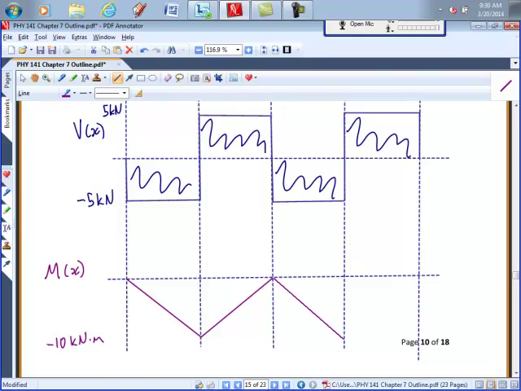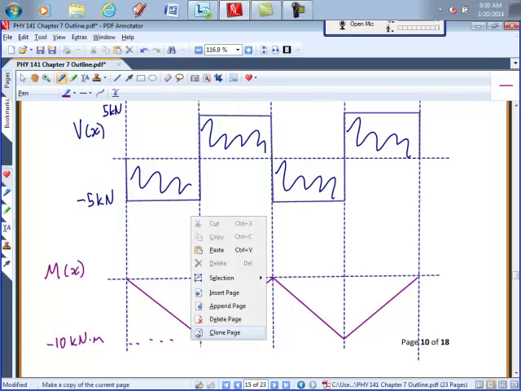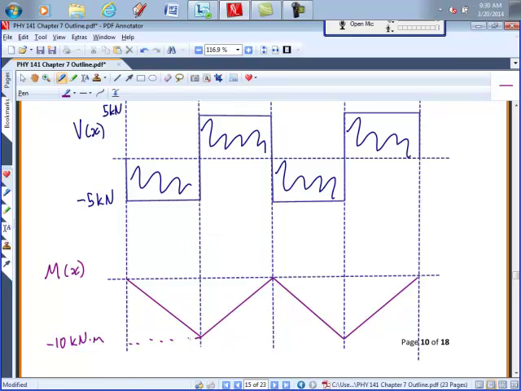And then it's going to do the same thing again, and then back up. And then we'll shade that in.